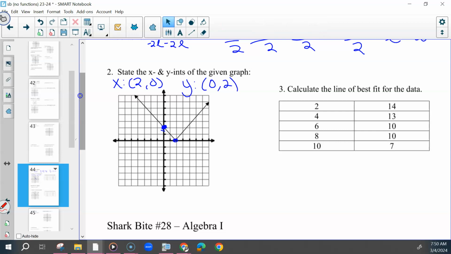Then for your line of best fit, we have to put that into Desmos, put in a table.